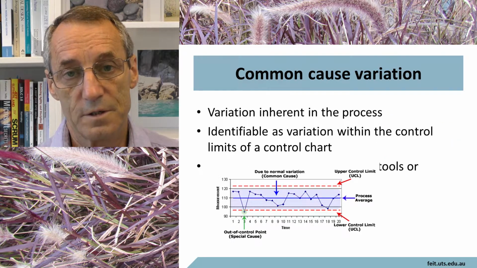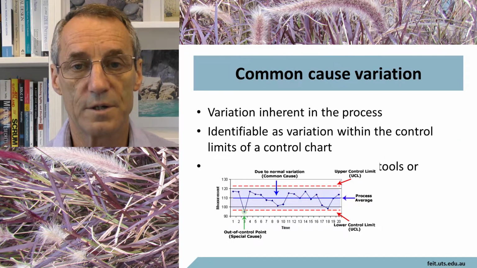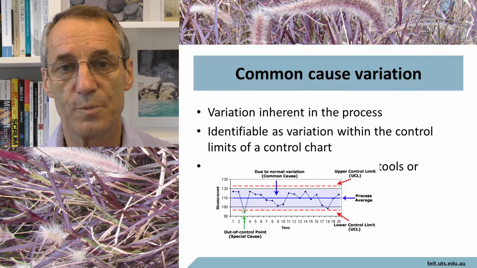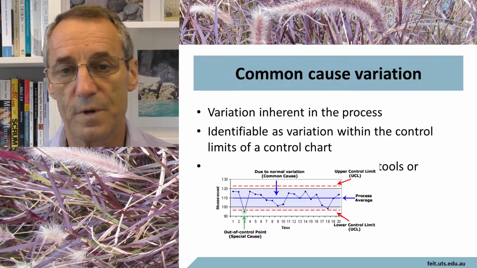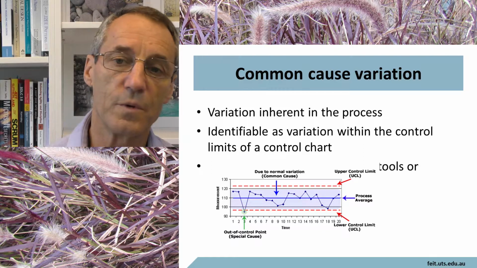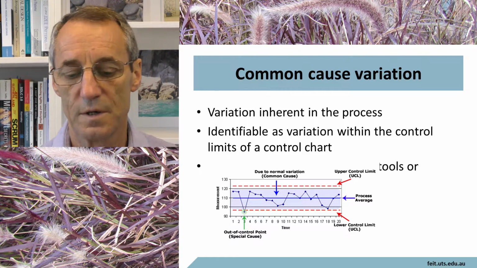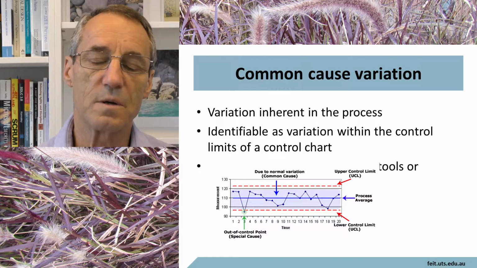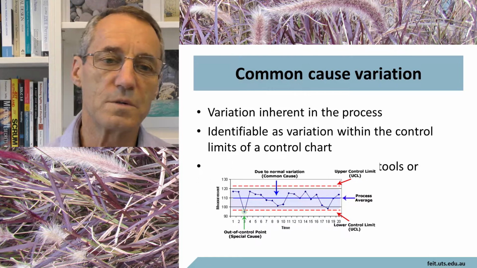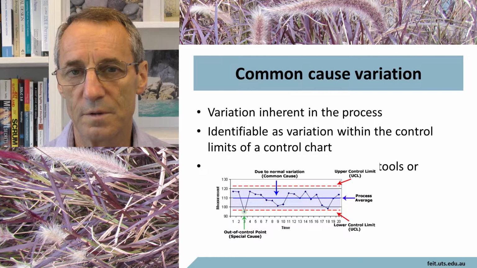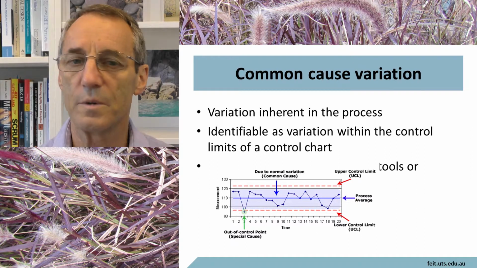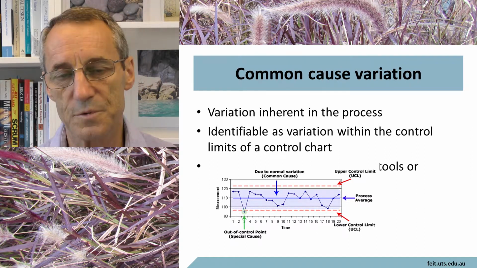Common cause variation. These are variations that are a natural part of the process. I think I mentioned before that you could have something that is in the process itself, such as you are using a particular compiler, or you're using a particular framework in your work, and maybe the framework has some problems with it.